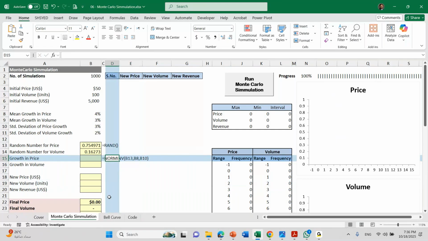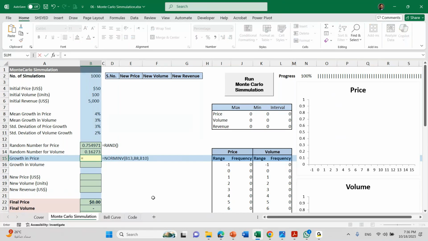I would encourage you to study a little bit more about this NORMINV function in statistics, and that function will help you understand how to apply that. But I'm going to use this function to work in reverse and try to find what is the expected growth in price with this random number as my probability.